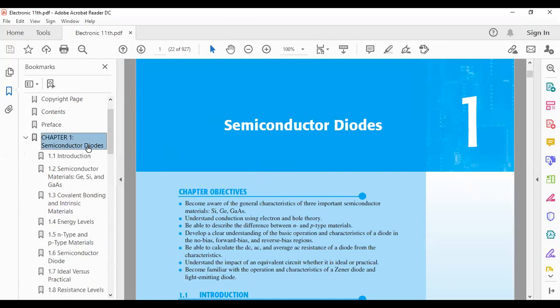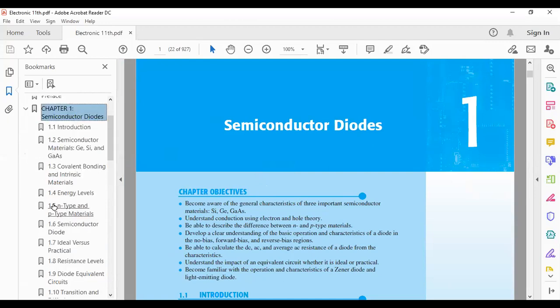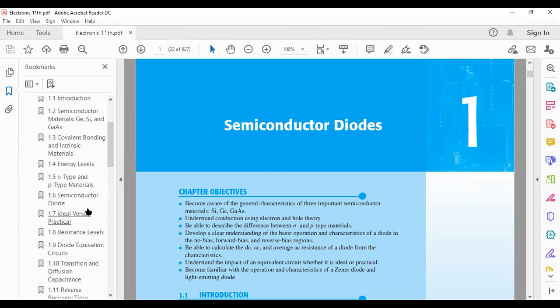So chapter 1 was like introduction, semiconductor, covalent. This was a kind of a recap: N-type, P-type material, semiconductor, diode. The main part is ideal versus practical, from 1.5 onwards.